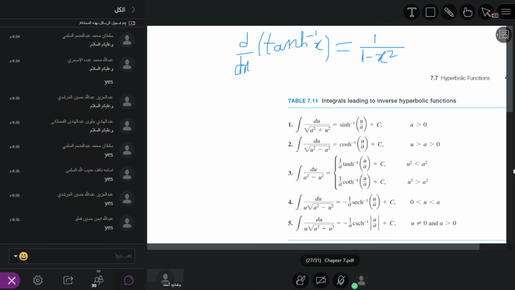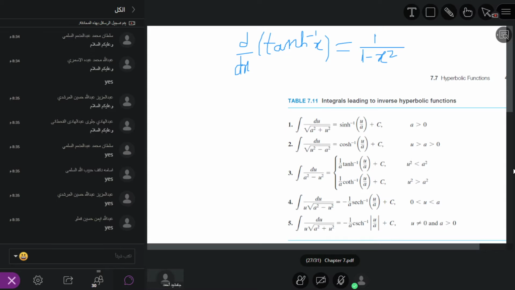So here, if we have to find the integral of 1 divided by 1 minus x square, it is equal to tan hyperbolic inverse x plus constant.